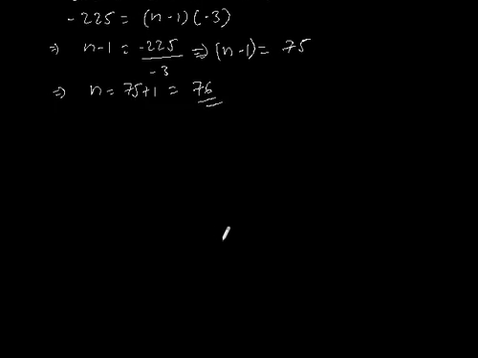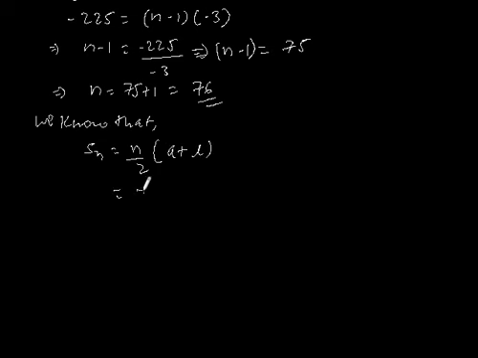Now again, we know that Sn is equal to n by 2 into a plus L. Putting the value, 76 by 2, a is minus 5 and L is minus 230.